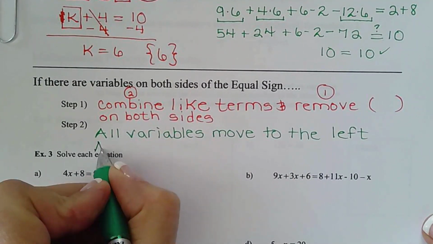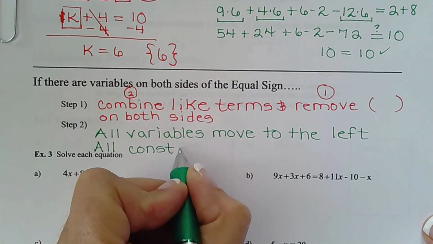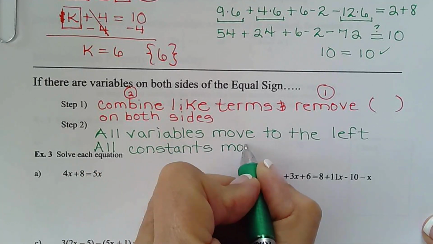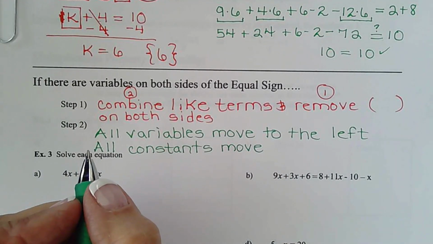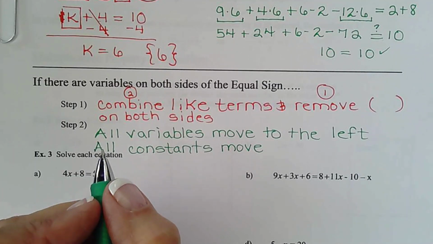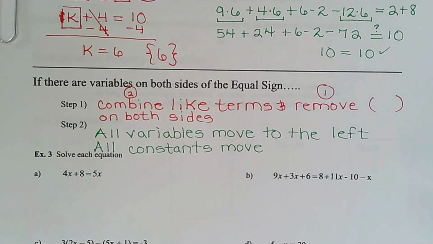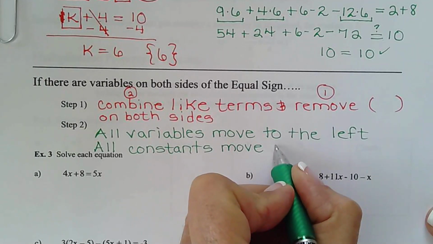All constants move to the right. And remember, anytime you're crossing an equal sign, you must do the opposite. So all variables move to the left, all constants move to the right.